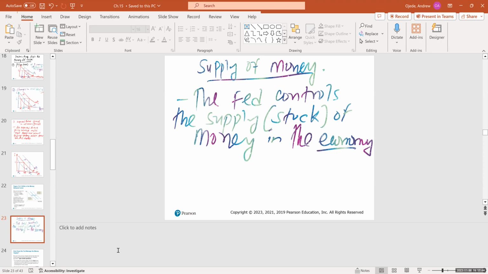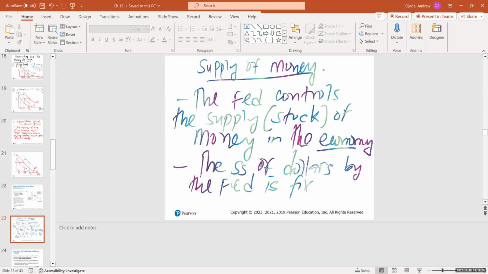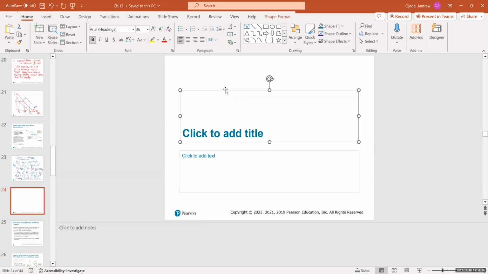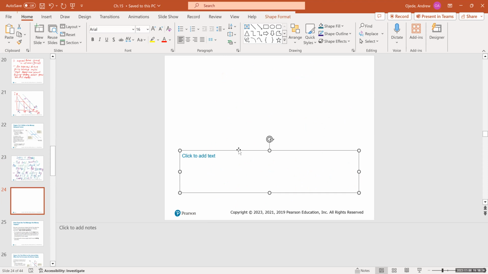So what we're saying here is that the supply of dollars by the Fed is fixed at every point in time. There's a fixed amount of dollars that the Fed would have issued in the economy, because the Fed is going to print money. Let's say the Fed wants $10 trillion in money supply. It is $10 trillion.